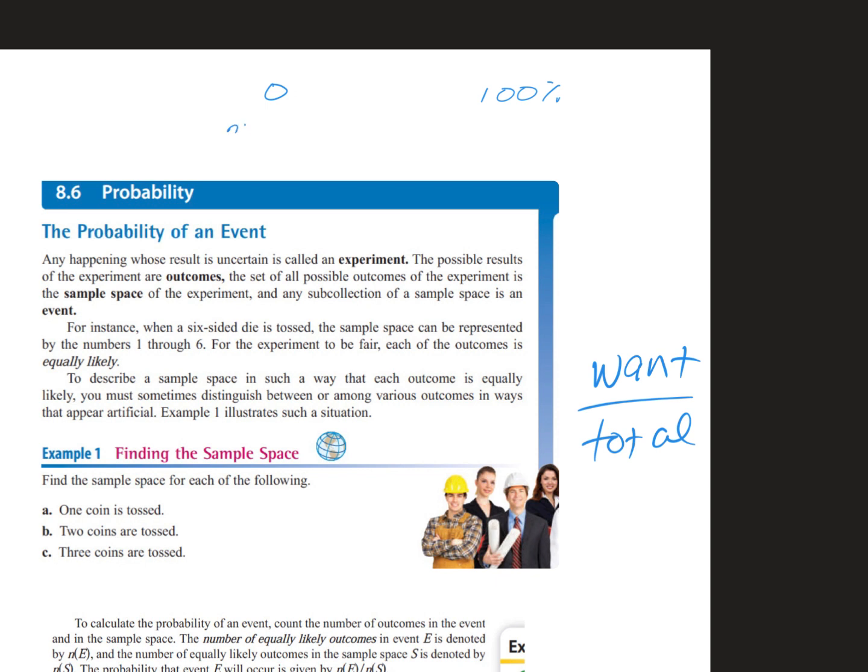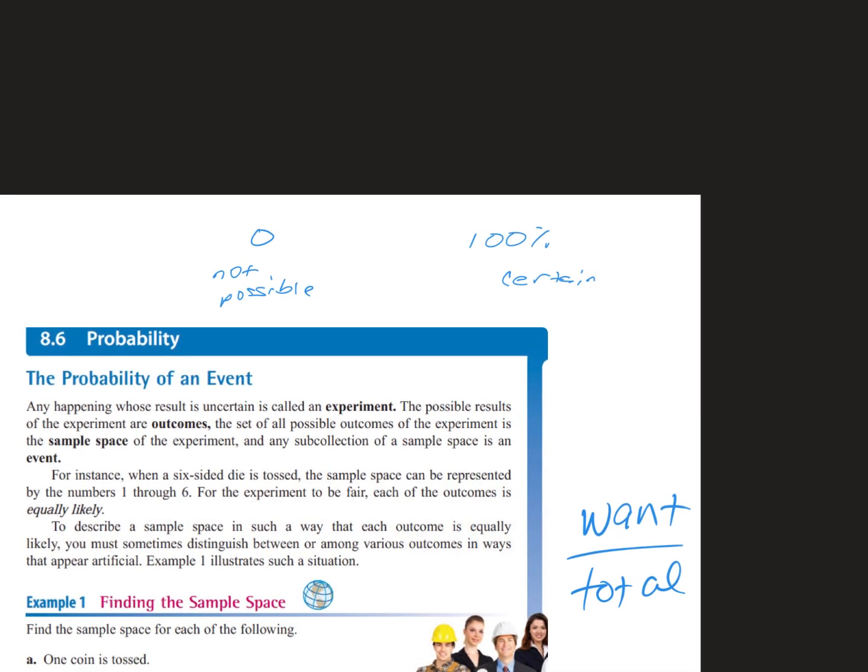This end is not possible. And over here is absolutely certain that it's going to happen. So your probability is going to fall within that scale, from 0, never ever happening, to 100%, certain. You can have probability as a percentage, as a decimal from 0 to the whole number 1, and it could also be a fraction.